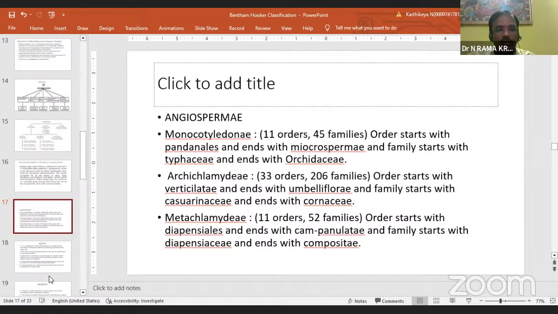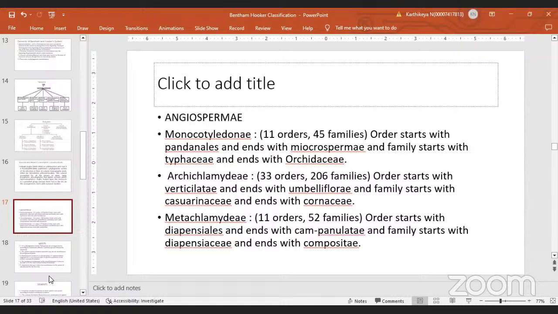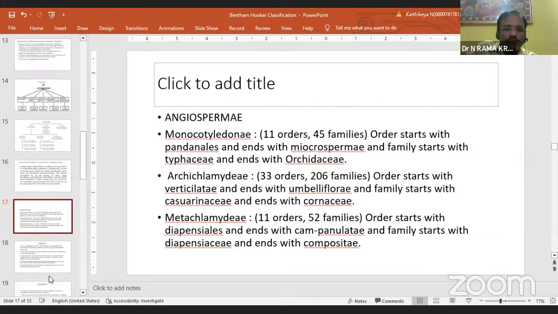What is the difference between Bentham-Hooker and Engler-Prantl classifications? Here the entire plant kingdom is divided into 13 divisions. How many divisions? 13 divisions.